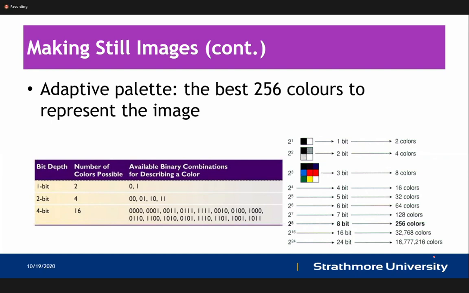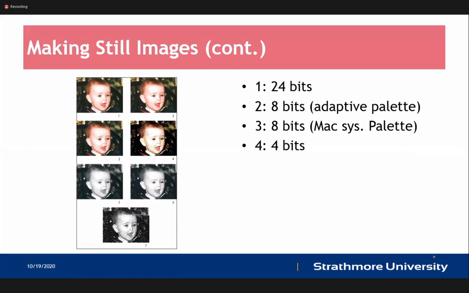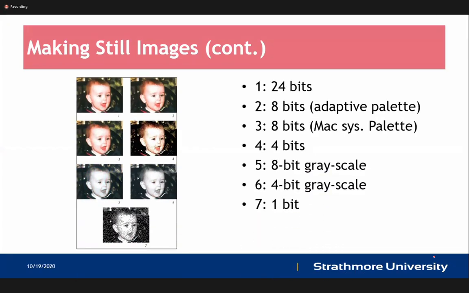So look at this example. In position 7, at the very bottom, we have 1 bit, and these are two colors, black and white. You get black and white spots on the picture.